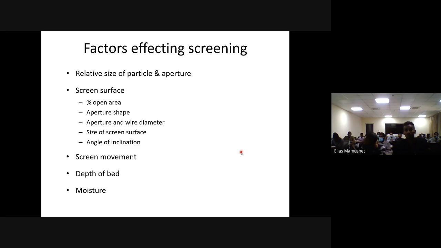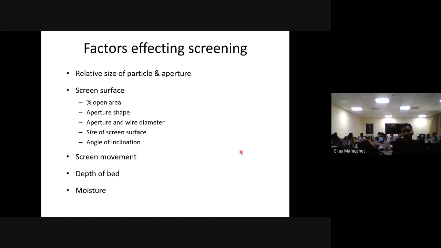So in what way will you consider the effect of the screen: based on the quality that we will get in the final product, or based on the amount of material that will be screened out?